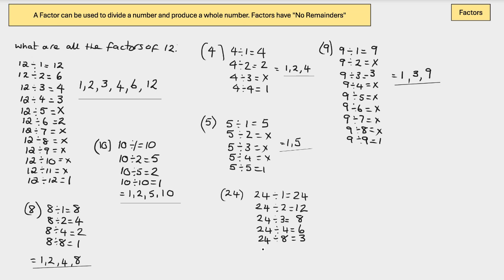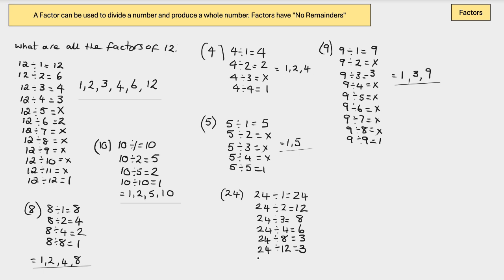24 divided by 9 isn't going to work. 24 divided by 10 isn't going to work exactly. 24 into 11 isn't going to work. 24 into 12, that's going to work. Well, we've already got a 3, so we're starting to see a loop because we've already got a 3.